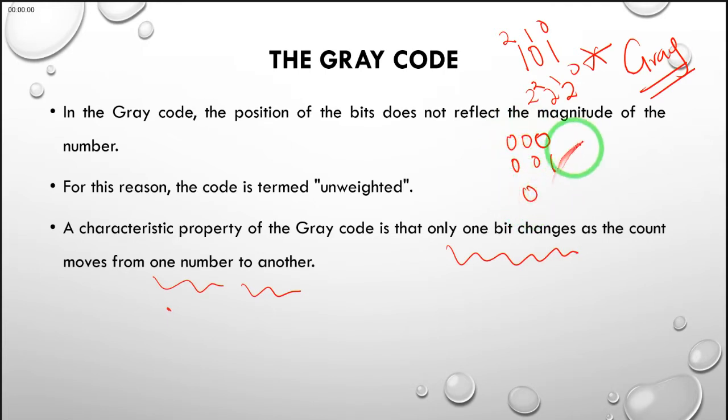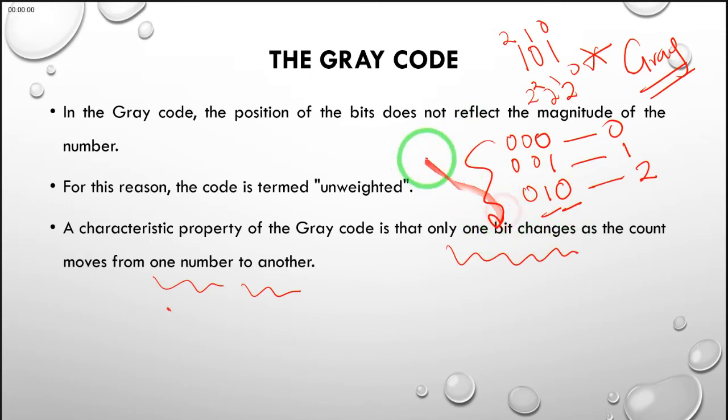But when you transition from 1 to 2, which 2 is represented as 010, you observe that this bit has changed and this bit has changed. This is in the normal binary code representation. But in the gray code, we can only have one change when we are transitioning from one number to the next.